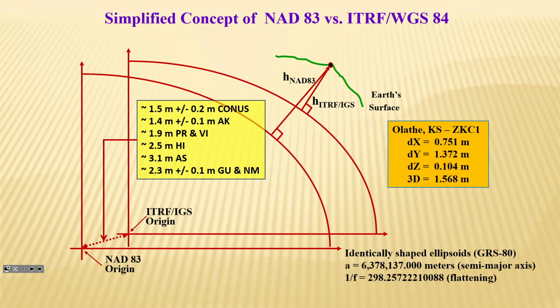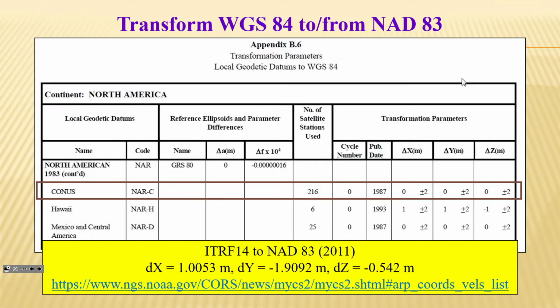And you can see here's estimates for the rest of the country. So if I'm actually defining a coordinate in NAD83, and I could actually define a coordinate in WGS84, then the positional differences between them would easily be in this range.